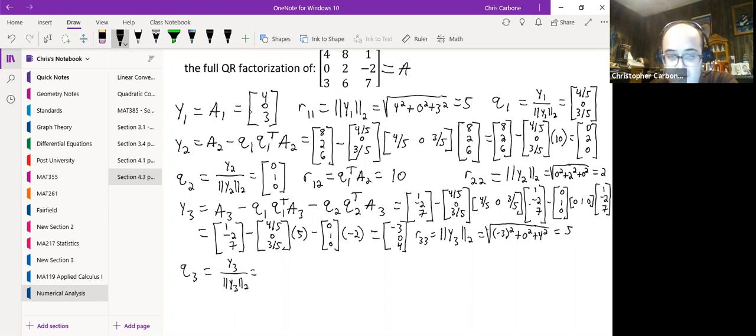So this would mean we are just dividing each of these values by 5. So -3/5, 0, and 4/5.